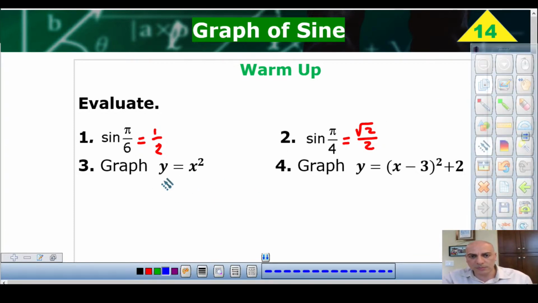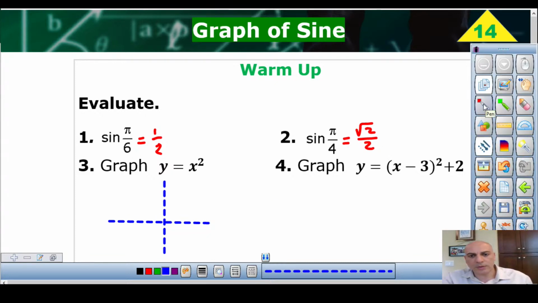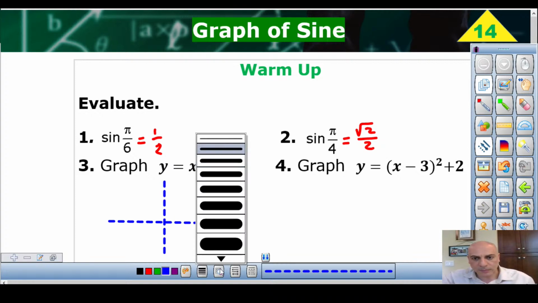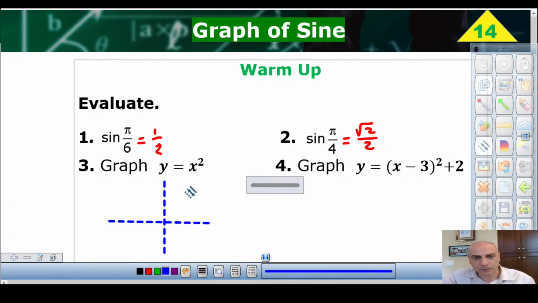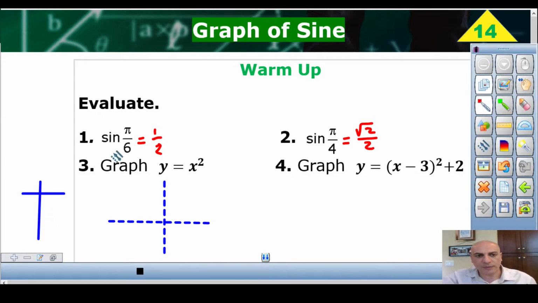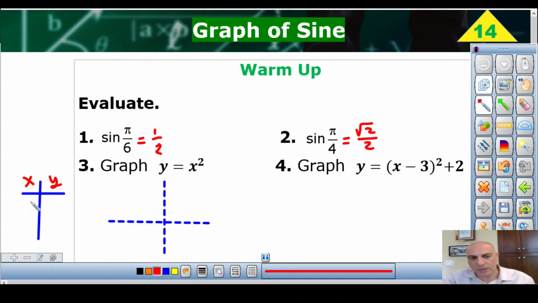Graph of y equals x squared. I'm going to give myself x and y coordinates here, Cartesian coordinates, I should say. To graph y equals x squared, you could obviously come up with your own table if you like. I would probably put a table here and just put x and y. Put some values for x, and this is y. The easiest ones are -2, 0, 2.